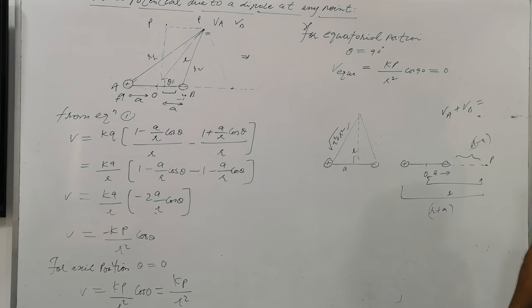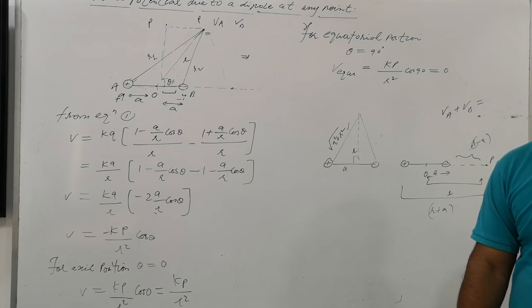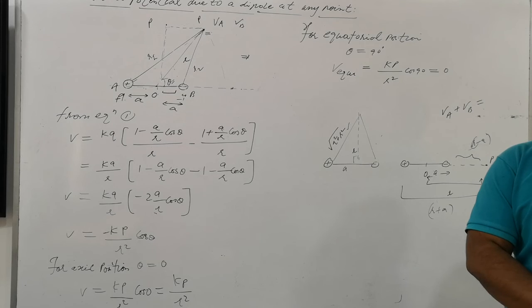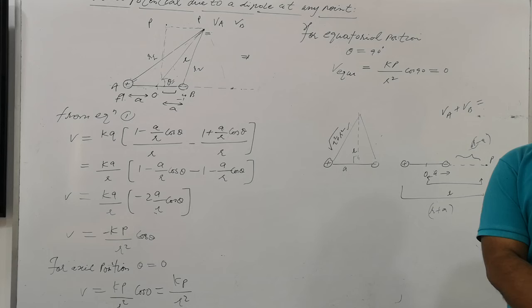Find the equipotential surface, or give the expression for the electric potential at a point on the axial position due to an electric dipole.